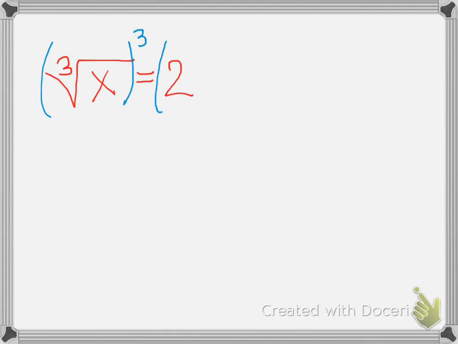So the same thing can happen with cube roots. If I have the cube root of x equaling 2, I can multiply each side by the exponent of 3.